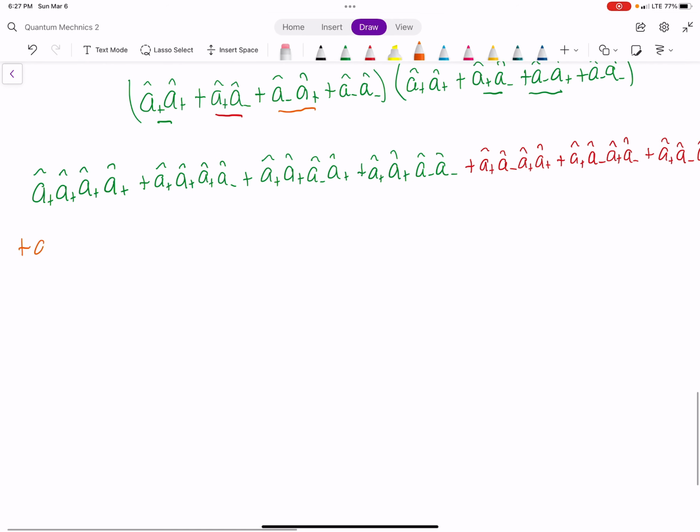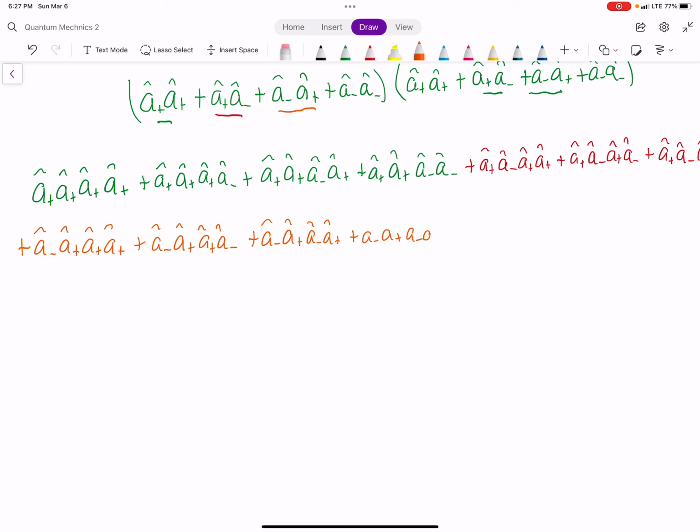So plus A minus A plus, A plus A plus, plus A minus A plus, A plus A minus, plus A minus A plus, A minus A plus, plus A minus A plus, A minus A minus.